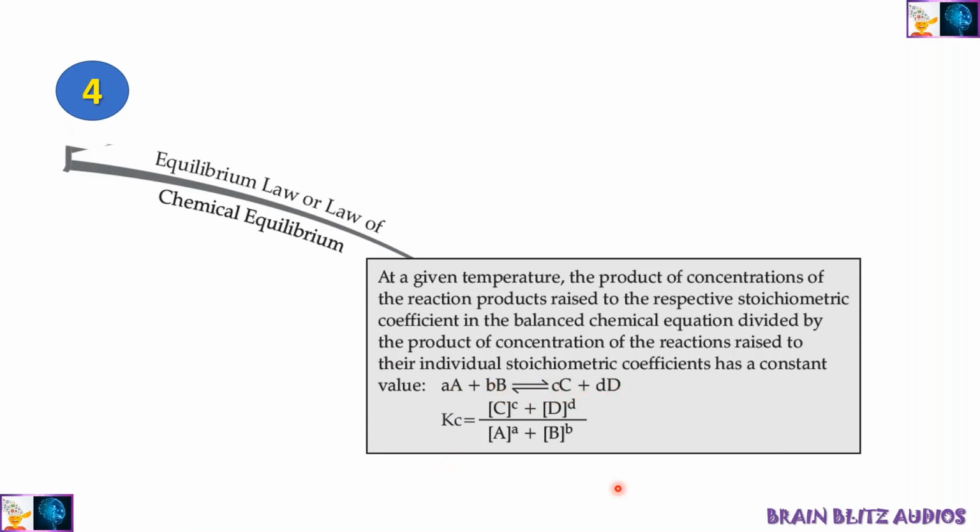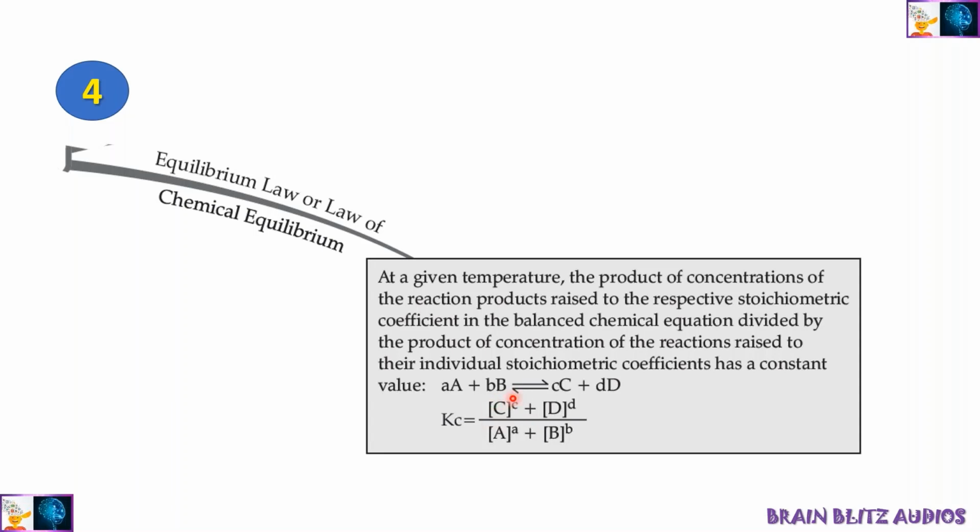In this formula, the uppercase letters A, B, C, D represent the substances participating in the reaction, and the lowercase letters a, b, c, d refer to the stoichiometric coefficients of the reaction in balanced state. So these coefficients become the exponents in this formula, and the brackets represent the concentration of the substance.